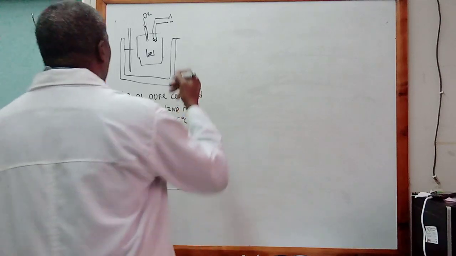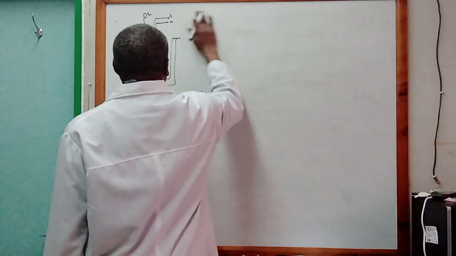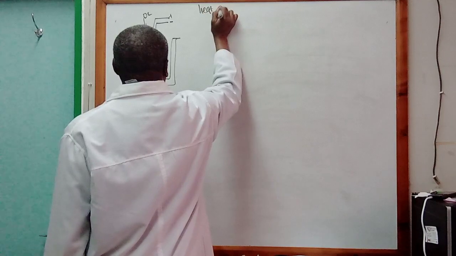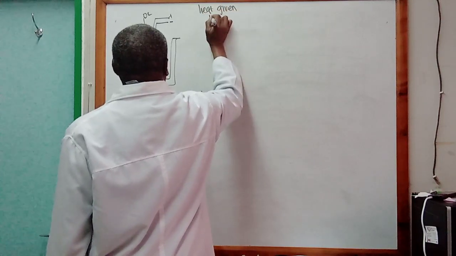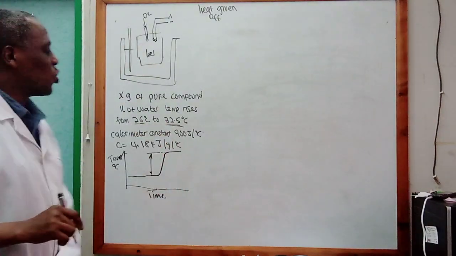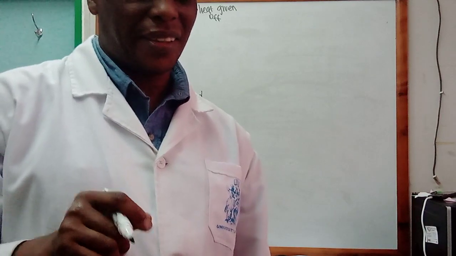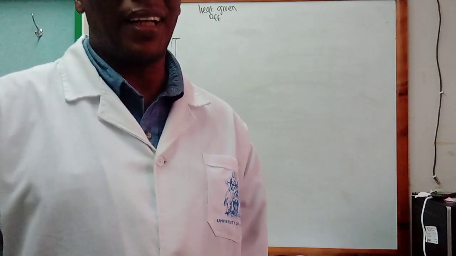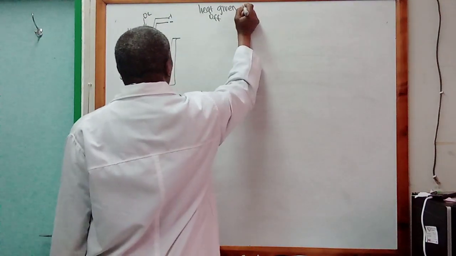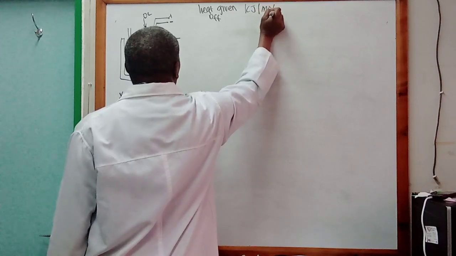So what you're saying is the heat given off. In this case, you could be asked, if it's a pure compound, to determine the energy in something like kilojoules per mole.